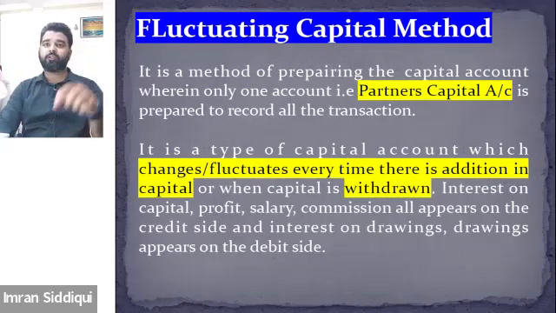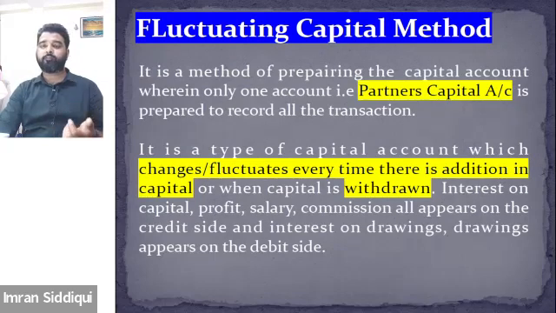In this account, all the transactions are recorded, whether it is relating to the introduction of the capital, addition of the capital, drawing by the partner, salary of the partner, commission of the partner, profit distribution among the partner, all kind of transaction relating to partner will be recorded at only one place, which is called partner's capital account.